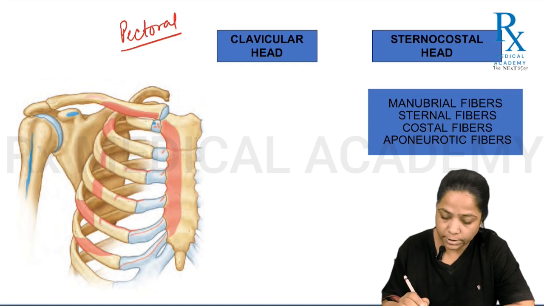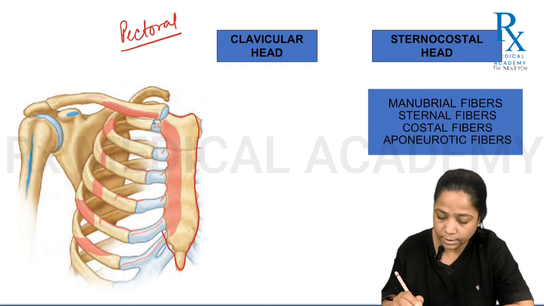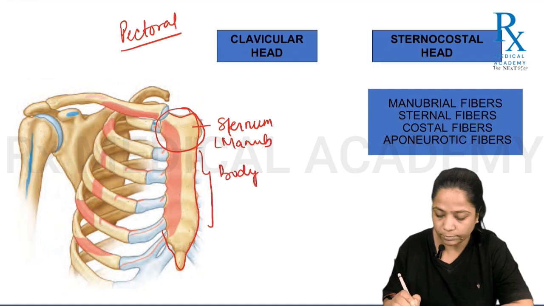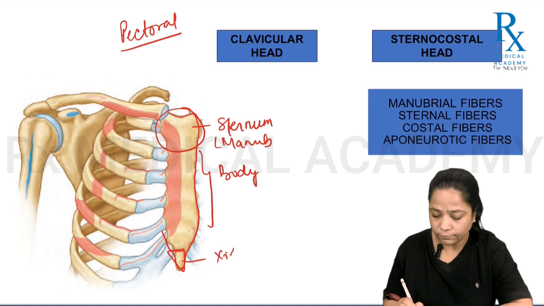So in the pectoral region we have this bone which is known as the sternum. The sternum is comprised of three parts. The upper part is known as the manubrium. Then you have the body of the sternum. Then this small triangular area is known as the xiphisternum or xiphoid process.